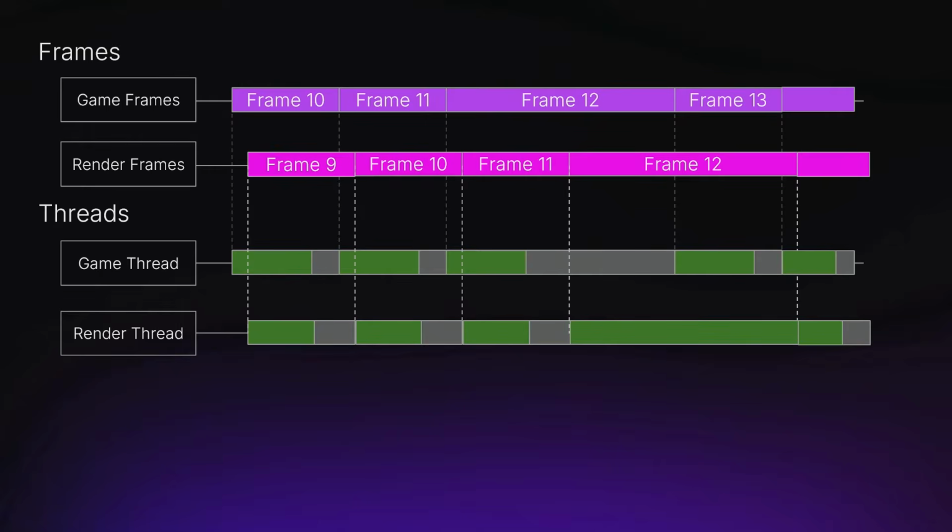This diagram illustrates the parallel relationship between the game thread and the render thread. It shows that they run independently, but if one takes too long, the other may still be blocked indirectly. You can see that the render thread is delayed in the area corresponding to frame 12.